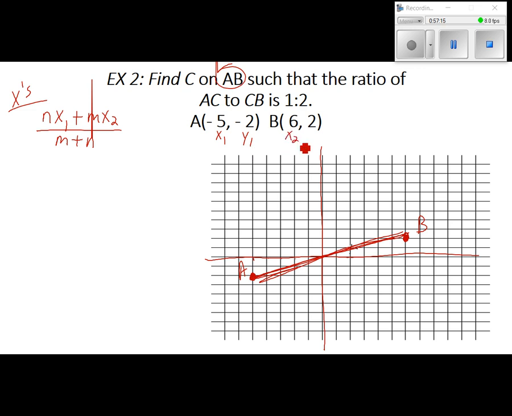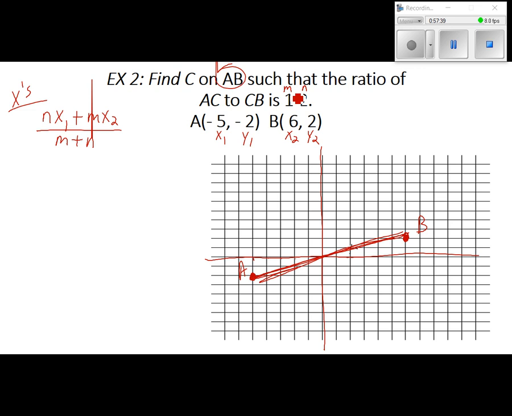X2, what's the 2? Y2. So label those so you don't forget what they are. How do we know which one's N and which one's M? N's the second one, and M is the first one, just like in alphabetical order. M, N.